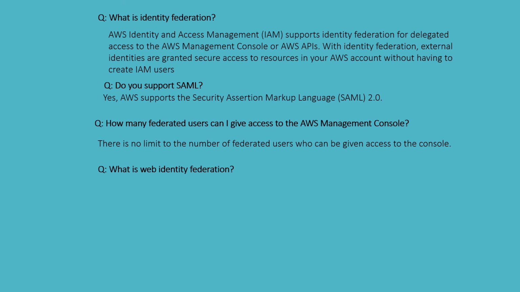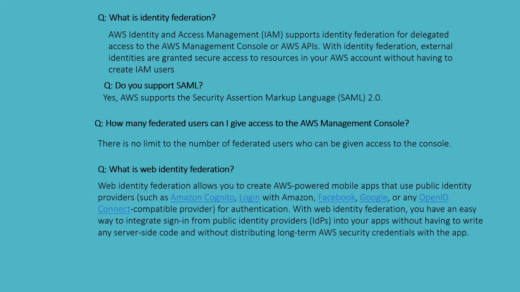What is identity federation? AWS Identity and Access Management supports identity federation for delegated access to the AWS Management Console and AWS API. With identity federation, external identities are granted secure access to resources in your own AWS account without having to create IAM users.